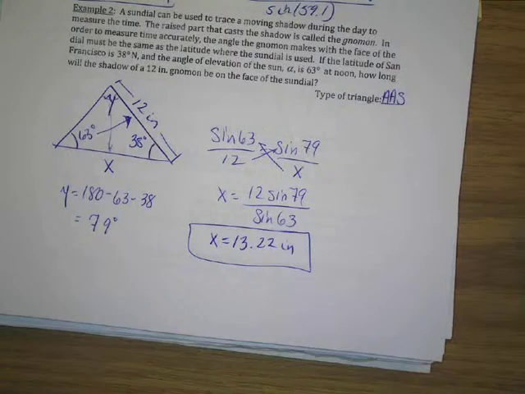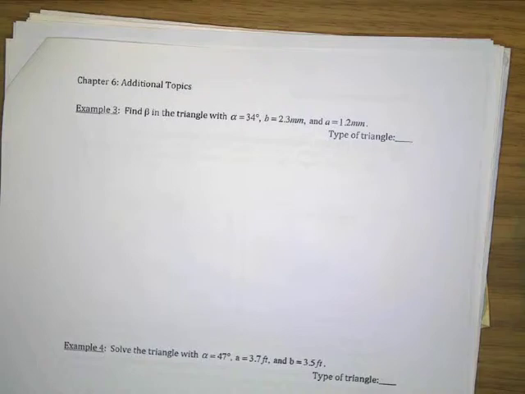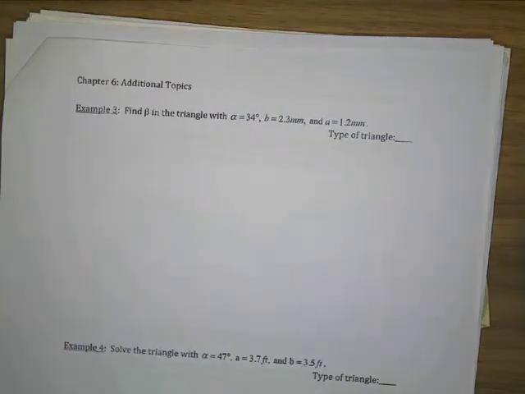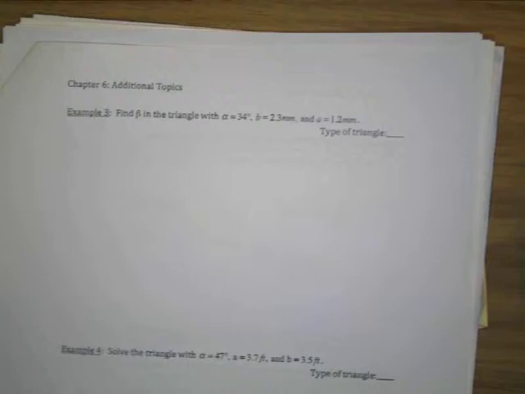Okay. The last case we're going to do is the SSA case, and they call this the ambiguous case. There are some little tricks with this. So, here we go. We're going to find beta given this information. Let's draw our picture.